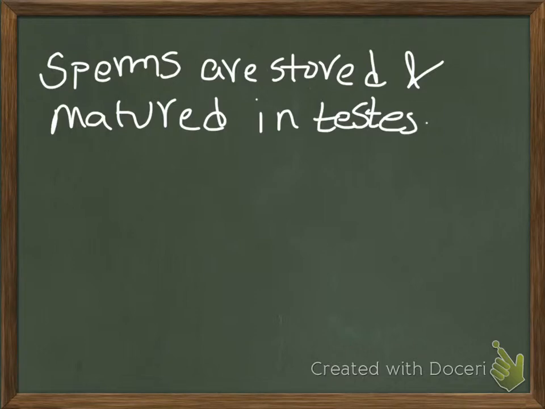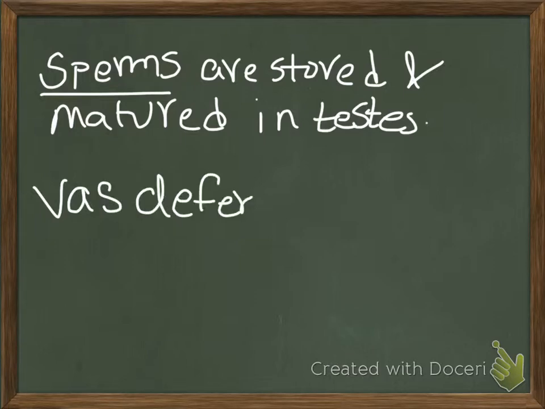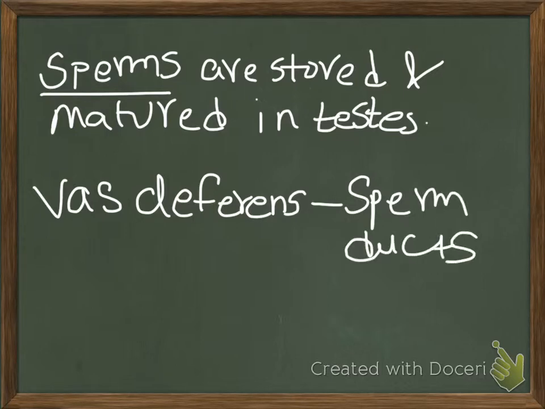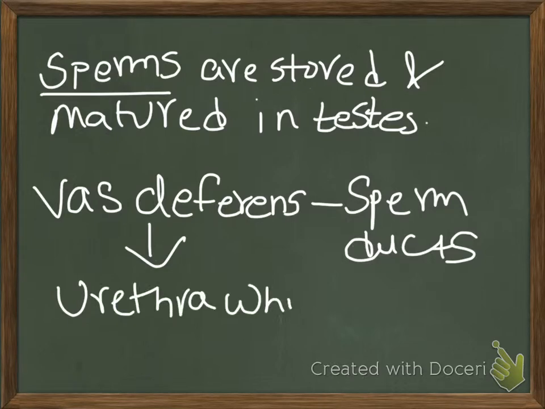When reproduction occurs, the sperms located in the testes are carried by sperm ducts known as Vas Deferens to the urethra present in the penis.